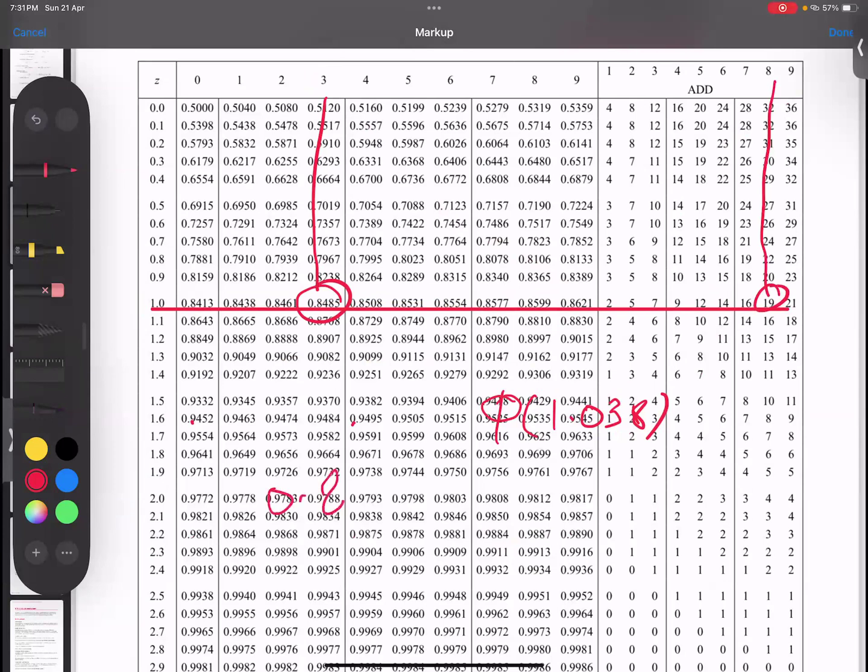So I got 0.8485, add 19, and I get 0.8504. So phi of this is equal to 0.8504.